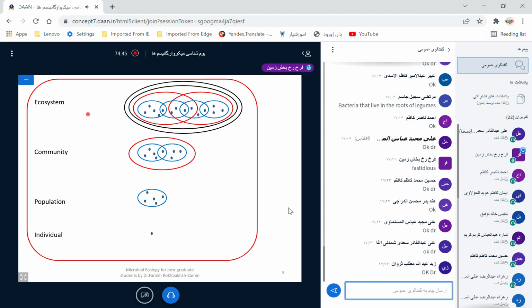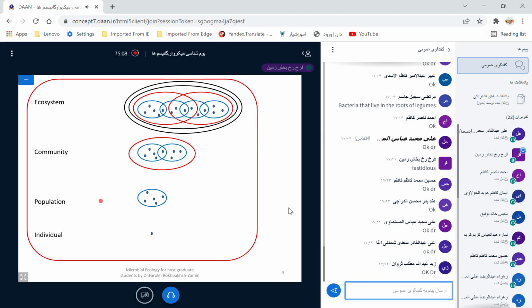So the same members in one place, population. Two populations in one place, community. At least two communities in one place, it is an ecosystem. So what do we want to do?